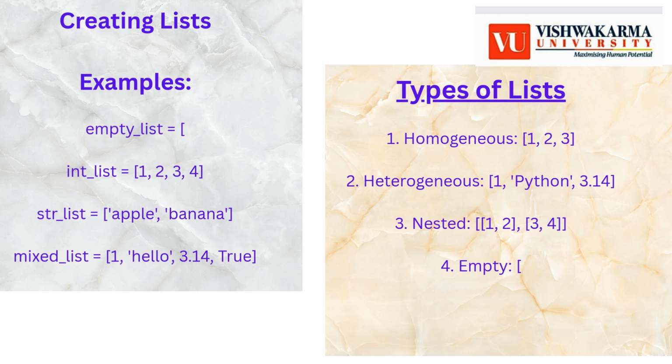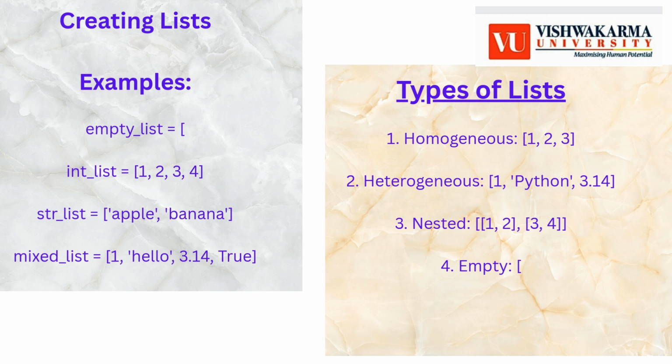A mixed list means we can say a heterogeneous list, which carries information of different types. For example 1, hello, 3.14, true. It can be a floating number, a string or a character. Such a type of list is called a mixed list.